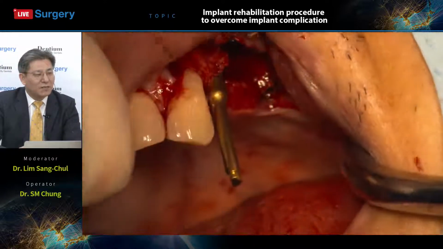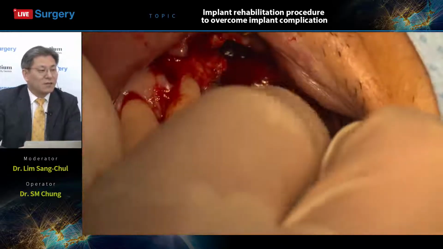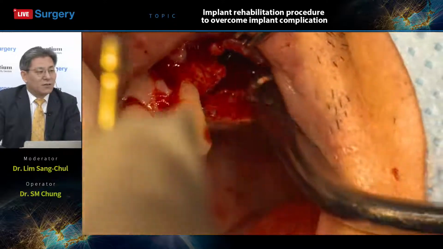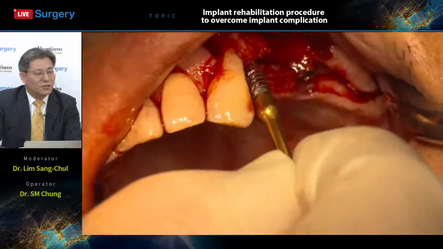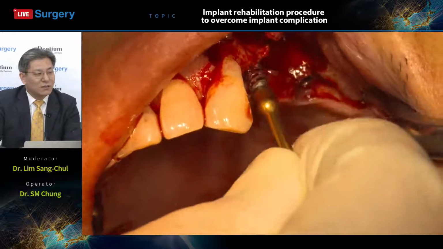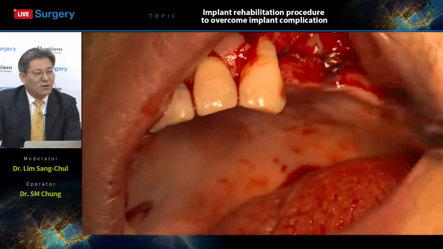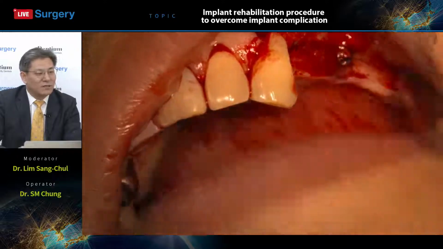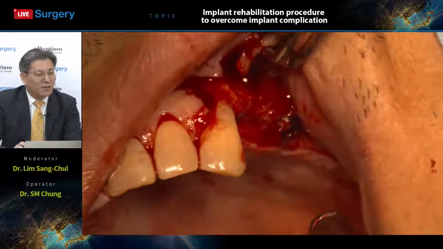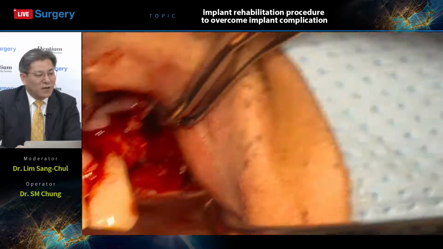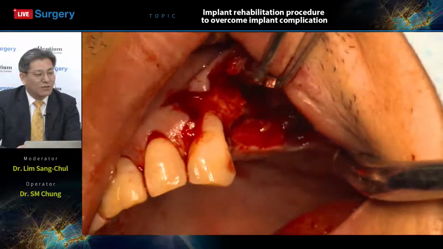This system gives us good enough, but it is not enough for initial stability. The bone condition is very poor, so it is very difficult to place, because of this crater-like big bone defect. Even a narrow diameter like 2.5 or 3.0 is impossible for initial stability at the proper placement point.